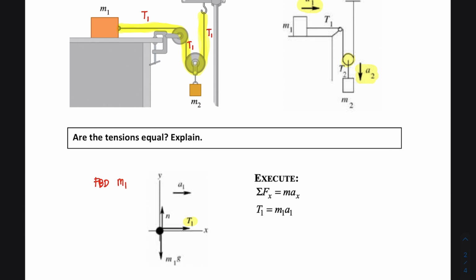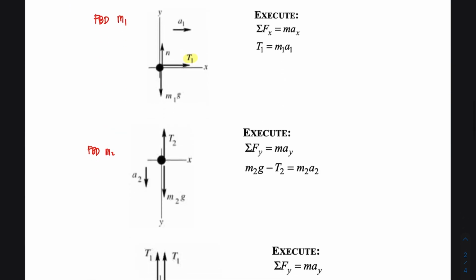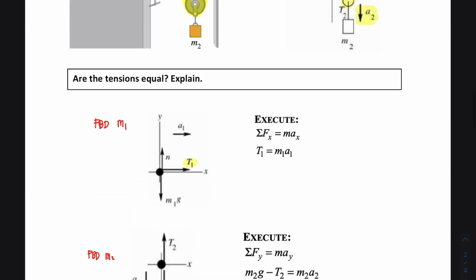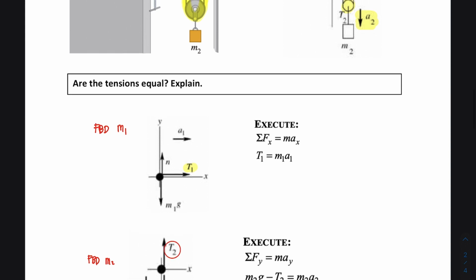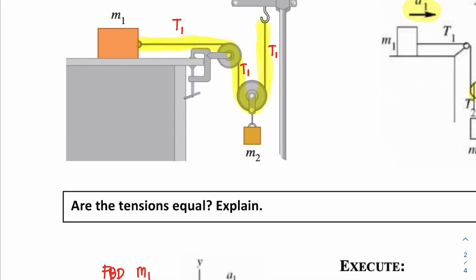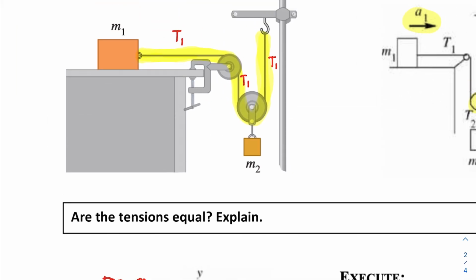Now, for mass 2, the forces that exist there, okay, you have the weight, which is going downward, as well as the tension T2, which is pulling the object upward. So the tension T2 in that case is different from tension T1. Why?